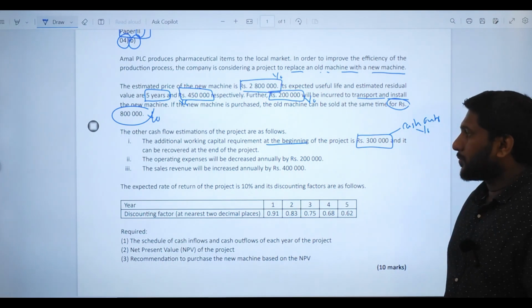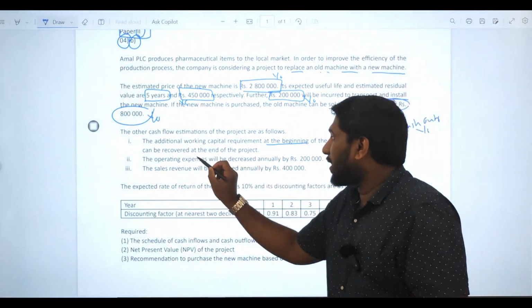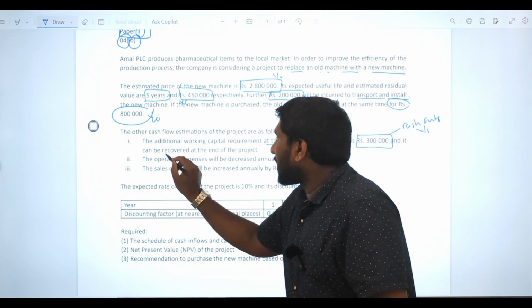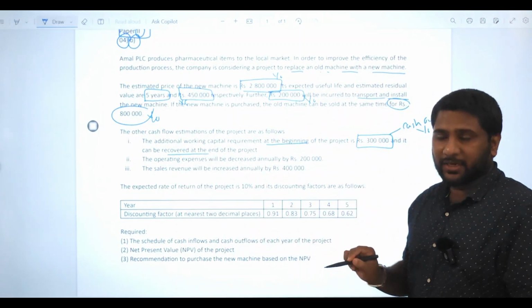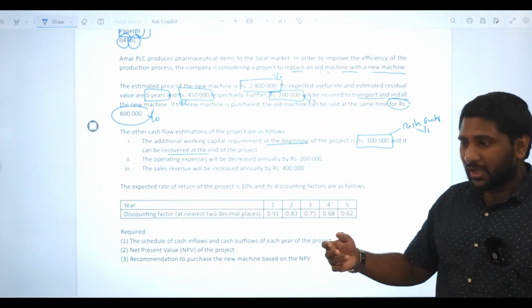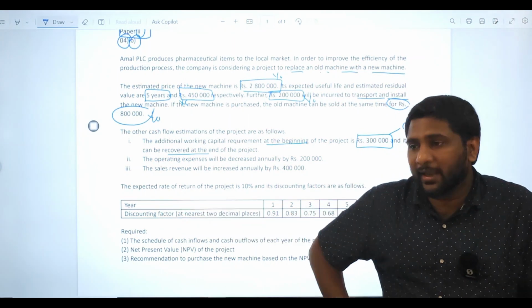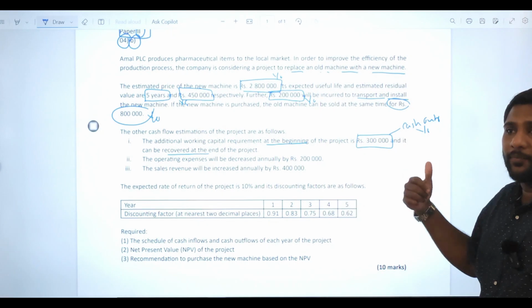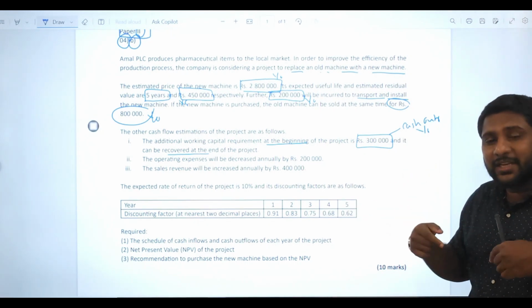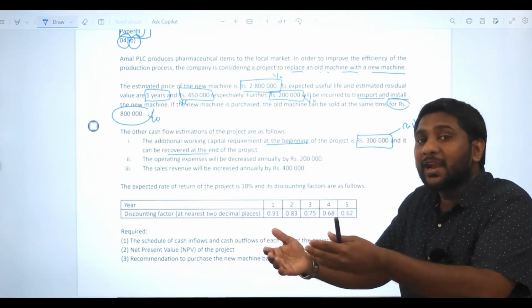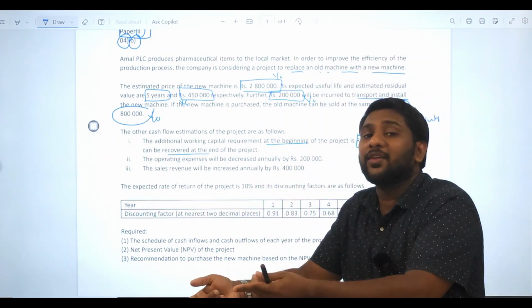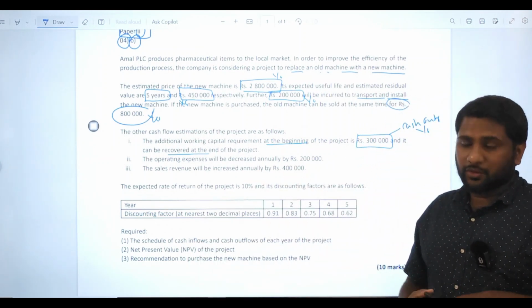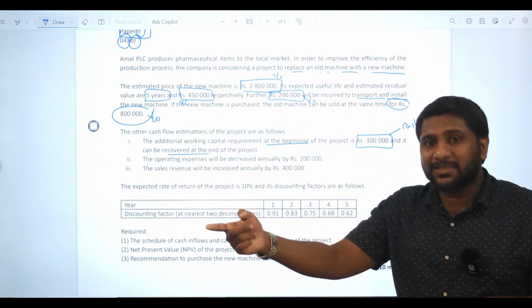And here they have given a very important point: can be recovered at the end of the project. What they are telling is, yes, for the working capital purpose, I am giving 300,000. Now, my cash is going out. That's why it is an outflow. But after the project is over, I can recover the money that I gave for the working capital purpose. So how much did I give for the working capital purpose?